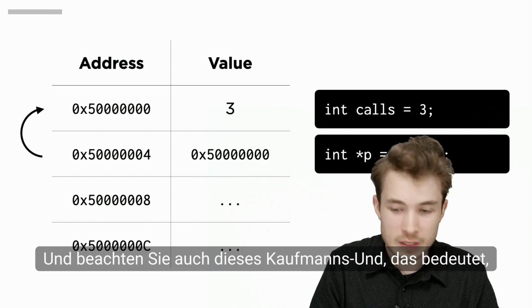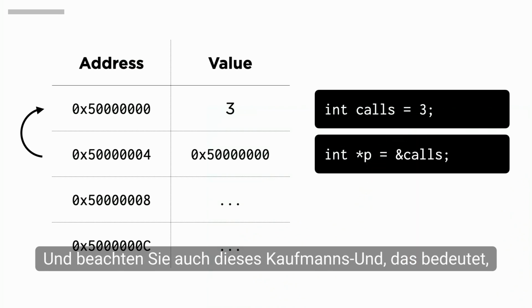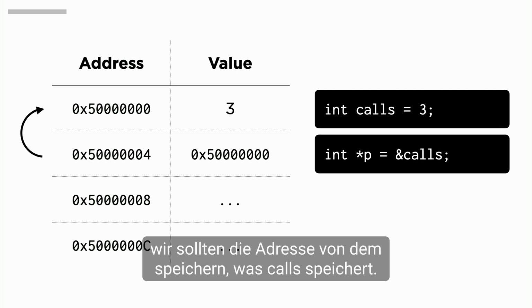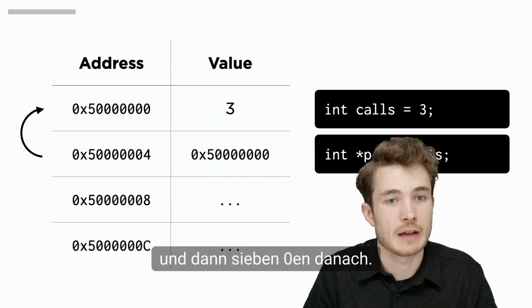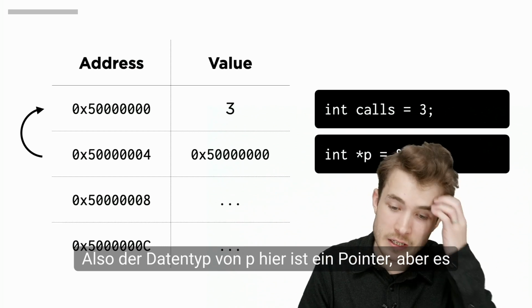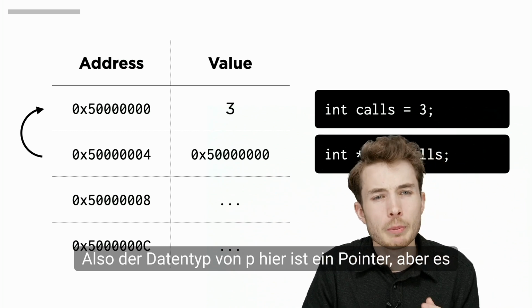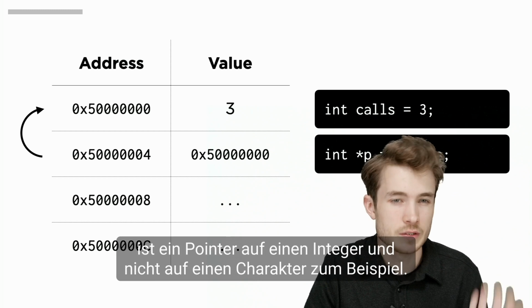And notice too this ampersand, which means we should store the address of whatever calls is storing, in which case we see in the table here that is 0x5 and then 7 zeros afterwards. So the data type of p here is a pointer, but it is a pointer to an integer and not a character, for instance.